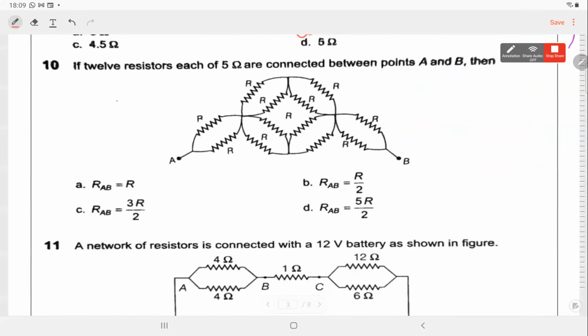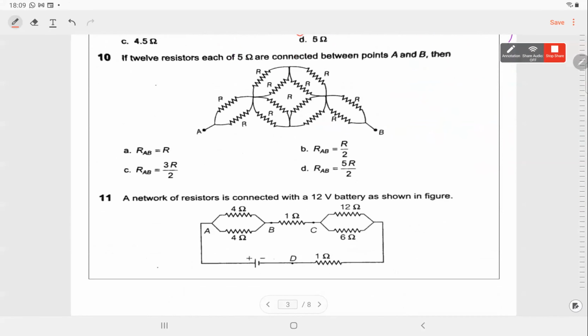Solve question number 10 and question number 11. Question number 11 mein there is a battery of 12 volt. You have to find the potential difference. So I into R equivalent.